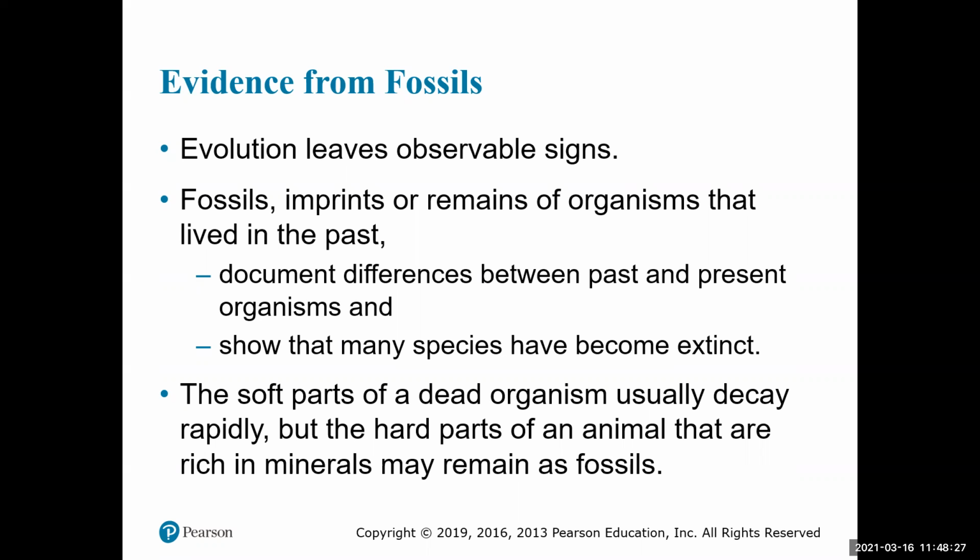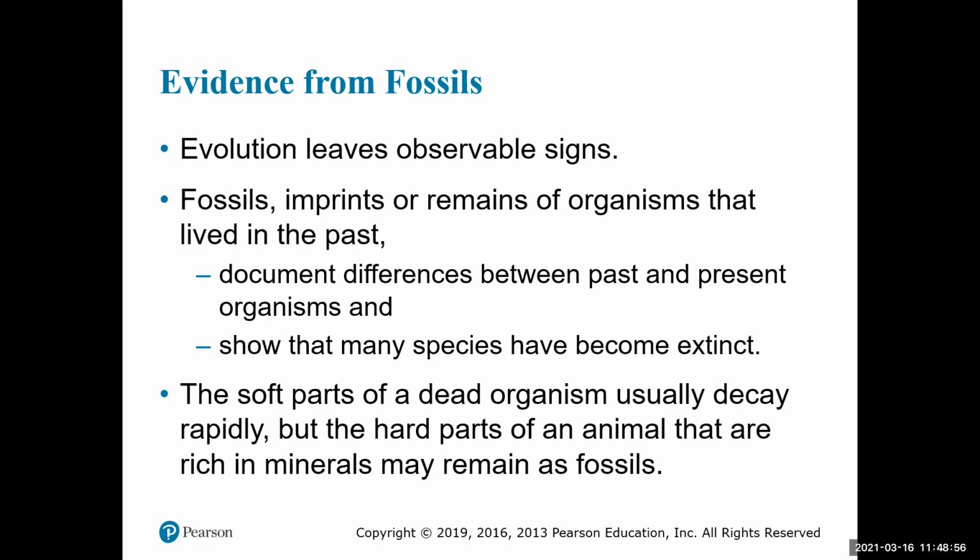And what fossils and these imprints are really important for is looking at the differences between past and present organisms. So really looking at how organisms from the past differ from organisms today. And we can also determine or find organisms that are now extinct. So for example, one of the more famous examples is dinosaurs.